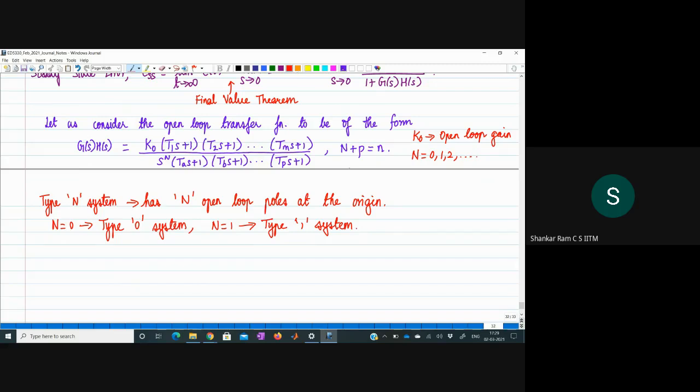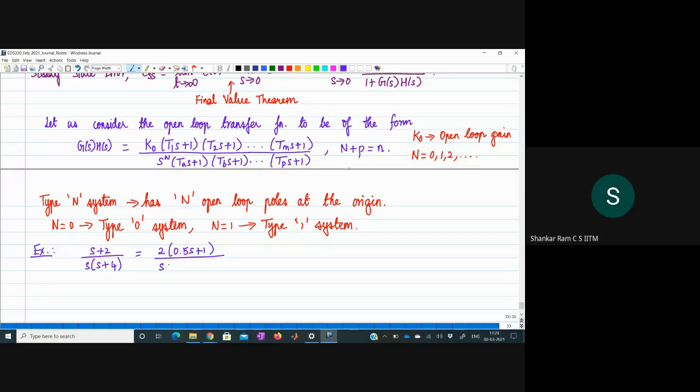So just to take an example, let us say we take (S plus 2) divided by S times (S plus 4). Suppose we want to write it in this way. I can take 2 common from the numerator, so I will get 0.5 S plus 1.